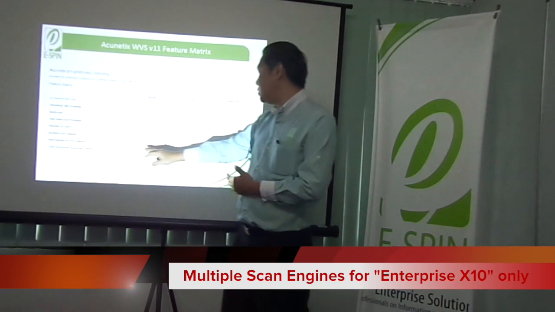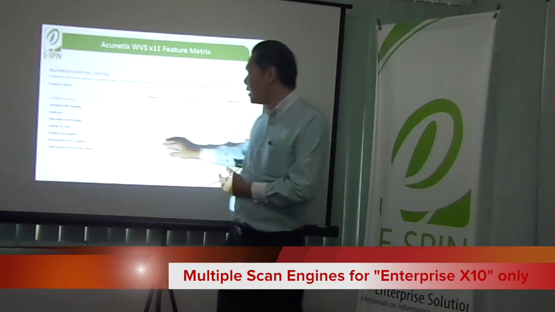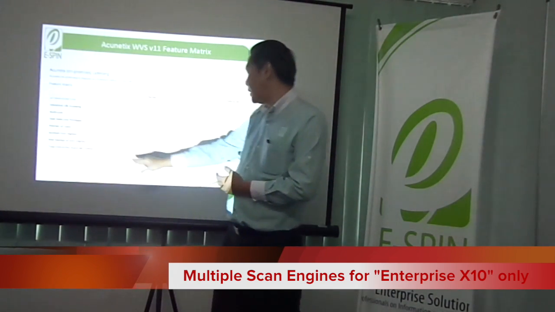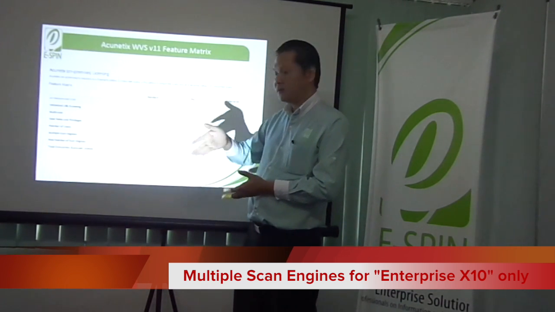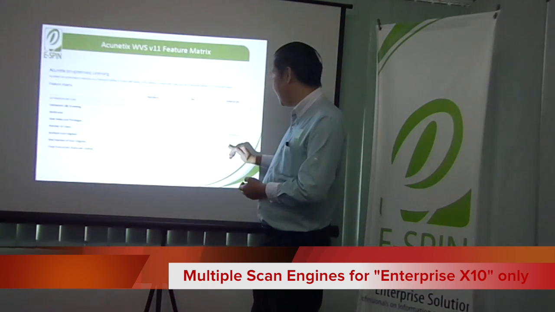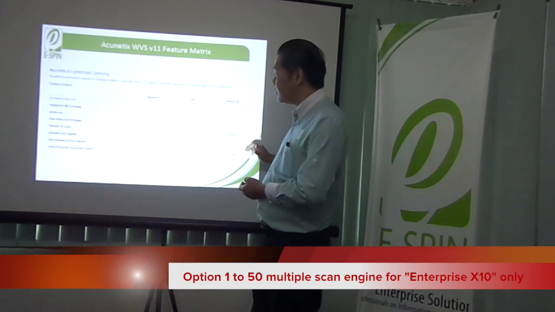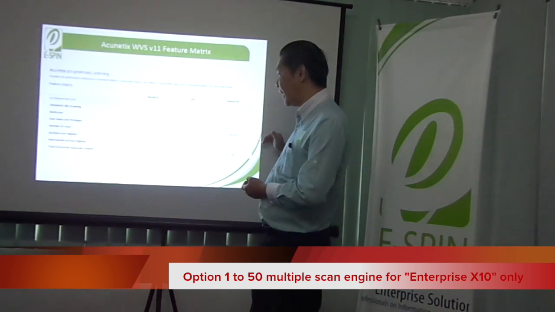Multiple scan engine, you will notice that it is supported, but the rest don't have it. And then the maximum number of scan engines you can see is 1 because it's 1 fixed machine, right? But here it is 1 to 50 maximum, so it depends on how many additional scan engines you want to license.